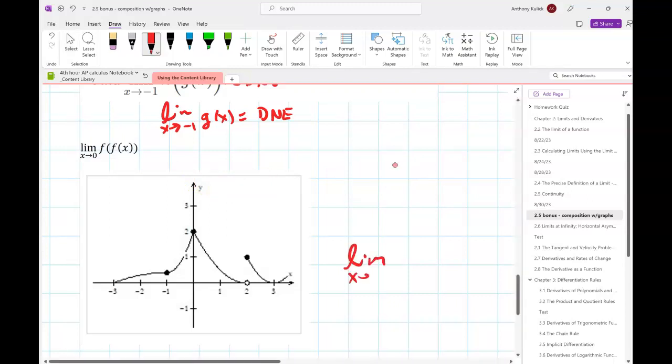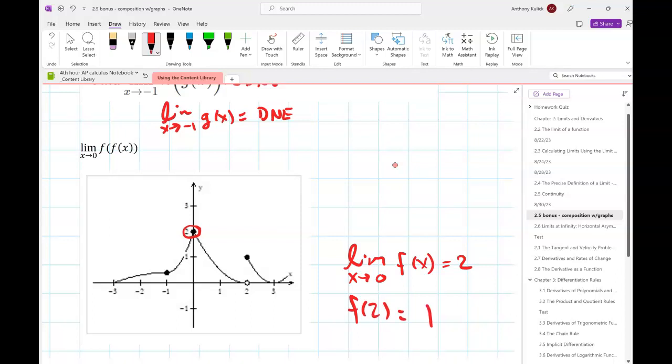So, do the limit of the inner. What do I get there? 2, right? Okay. So then who thinks that I would just do then like f of 2? So I should get 1, right?